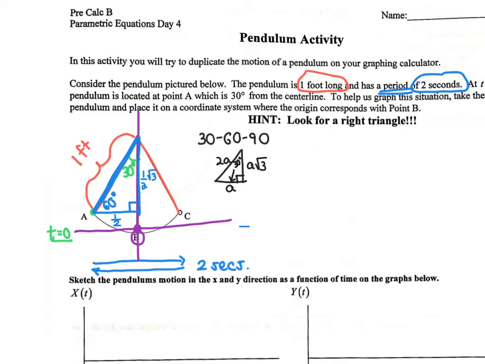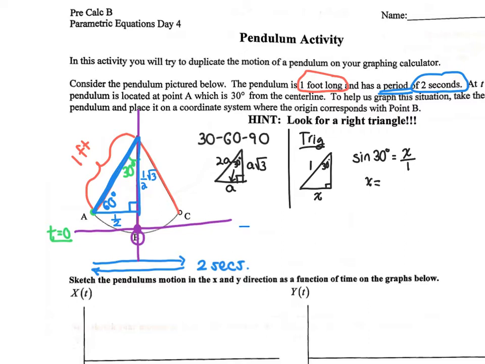Now that's one option. The other option, if you've forgotten those special right triangles, is to just think about your trig calculations. If we knew that we had an angle up here at the top of 30 degrees, we knew this side was 1, and we were trying to find this distance, we could do the sine of 30 degrees equals the opposite, which is x, over the hypotenuse, which means the sine of 30 degrees is x.